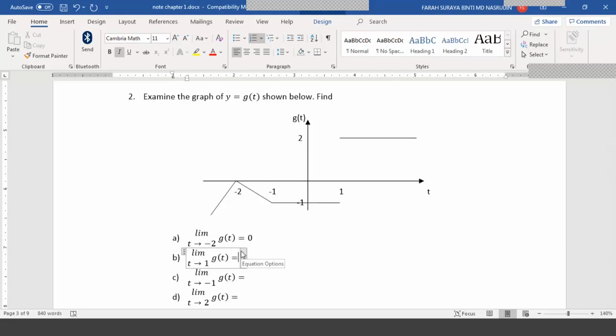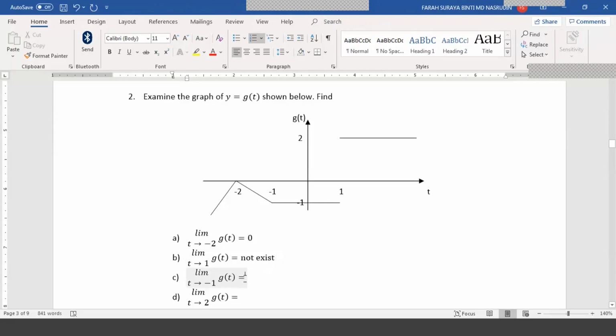Negative 1. Okay, right limit? 2. Okay, so conclusion dia? Does not exist. Okay. Betul. Terima kasih.